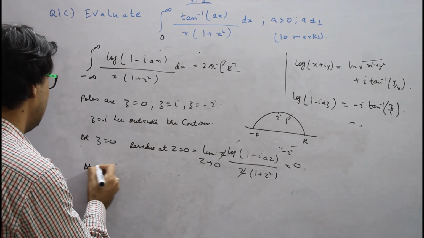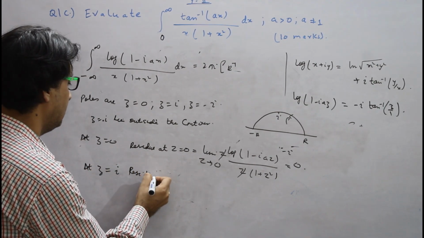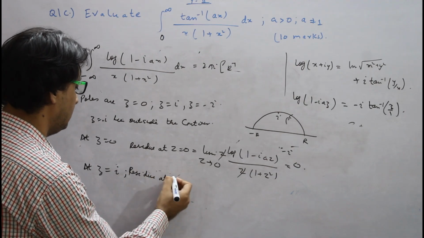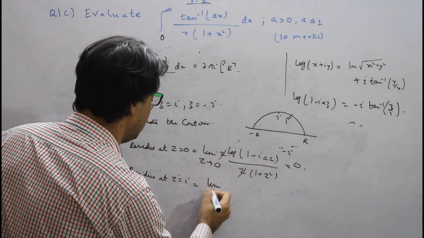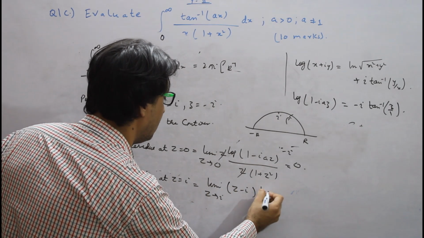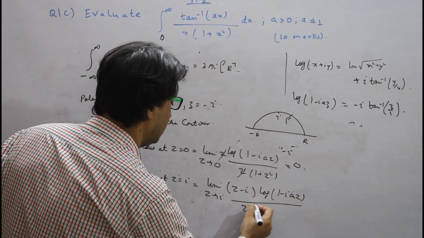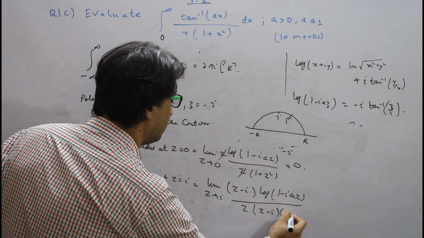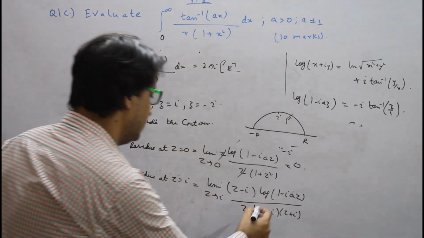At z equal to i, the residue is the limit as z tends to i of (z minus i) into log of (1 minus iaz) divided by z into (z minus i) into (z plus i). I have just factored z squared plus 1. So this is cancelled.